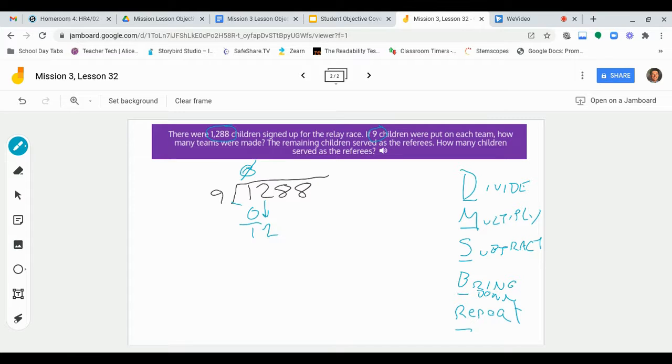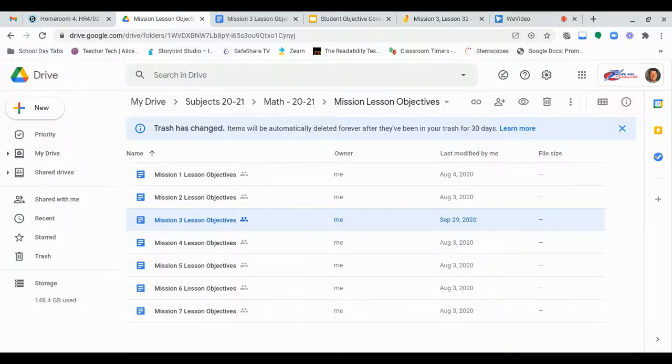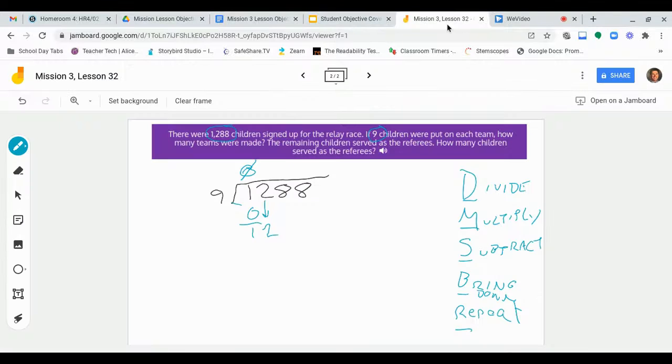I start over. But now my new number is 12. I'm going to divide 12 divided by 9. How many times does 9 go into 12 without going over? Well, it only goes in 1 time, because 2 times would be 18, that's too high.